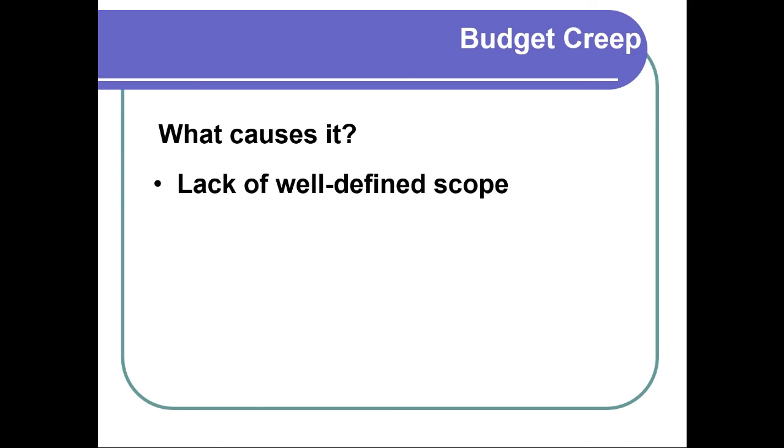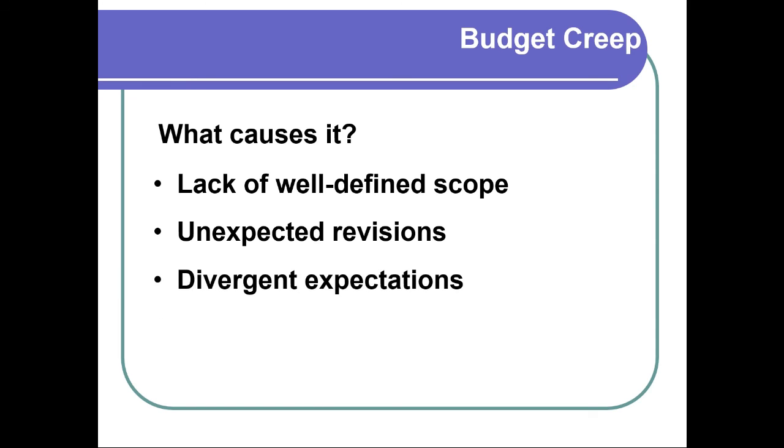So what causes that? Lots of things, right? If you don't have a well-defined scope or statement of work, you're going to run into trouble. So that's something to consider. Any unexpected revisions, if you don't have sign-offs and somebody comes in with a change, and they thought this and you thought that, and all of a sudden, no, we've got to make this change, that can be a problem. If you have different expectations, right?